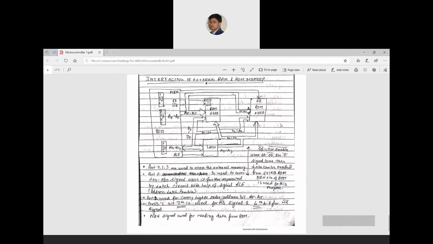Okay. So I think one or two classes are required to complete the next part of this microcontroller. And after the microcontroller, we will have a very brief overview of another microprocessor, the 8086.